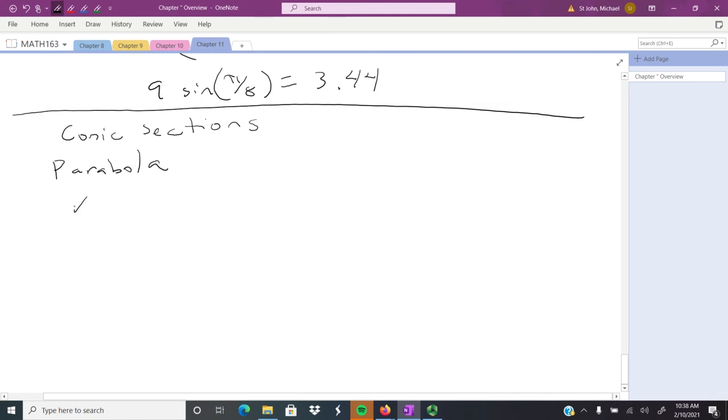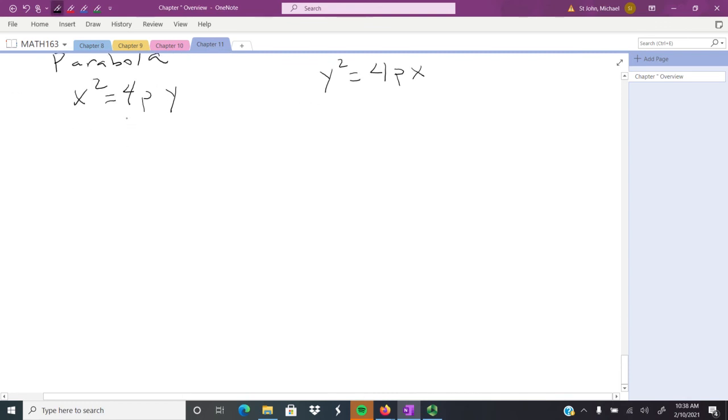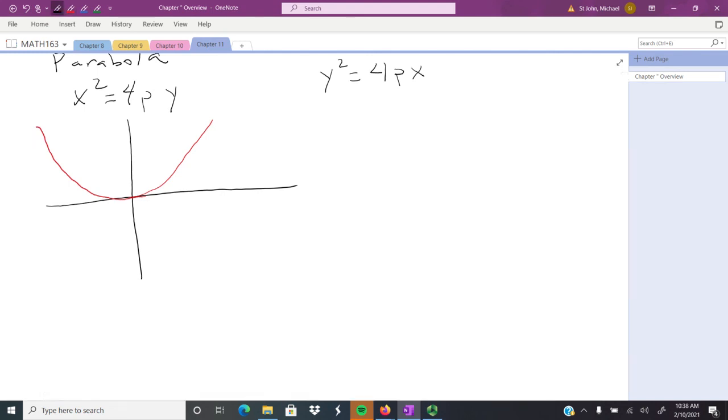Two types. One is in the form of x squared equals 4py, and the other type is y squared equals 4px. The first type is going to be the parabola in this kind of shape, and the other one is going to be the parabola that opens the other way.